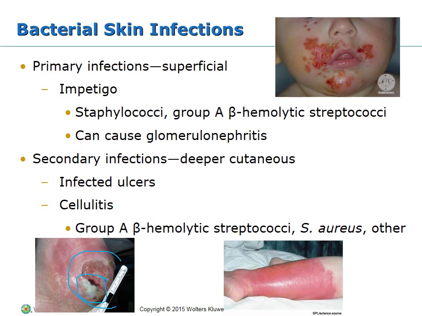And then cellulitis, anything that's kind of reddened on this leg here. You'll see cellulitis being swollen, and it's caused by lots of different bacteria. They did list group A strep here and Staph aureus, so those are the most common. The picture up here on the top is impetigo.